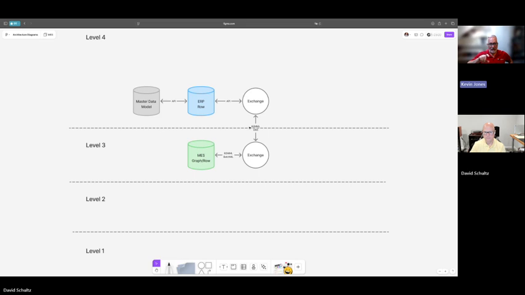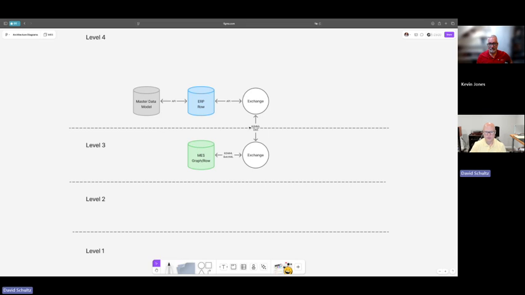With that said, then the ERP should already be consuming and using that kind of structure. That's usually where the master data model is defined first, but then you're communicating that into the exchange of the data, so where that data is exchanged within that structure. And then also, now that we've come down into level 3, you're still continuing this idea of that master data model, the structure of the data and the models of the assets and equipment, into the MES as well. Is that fair? Yeah, absolutely.